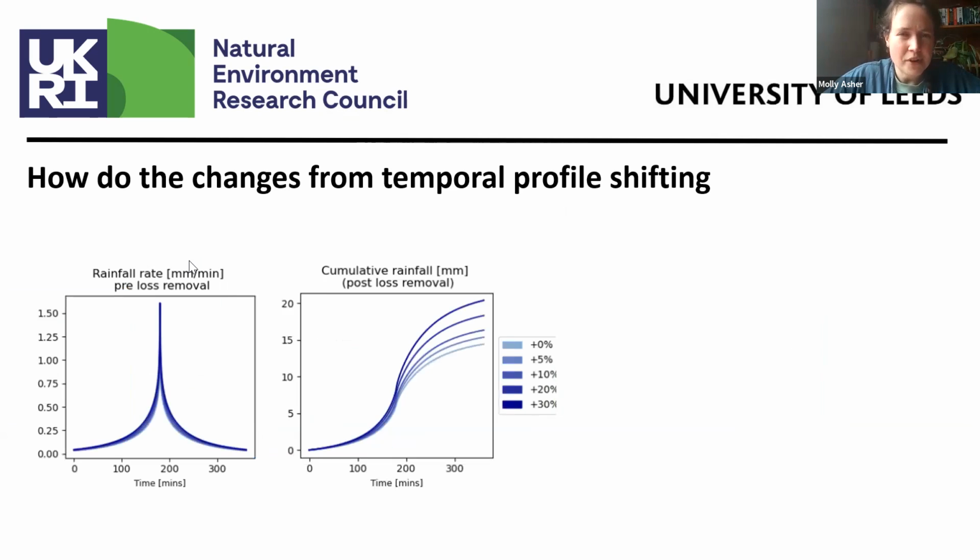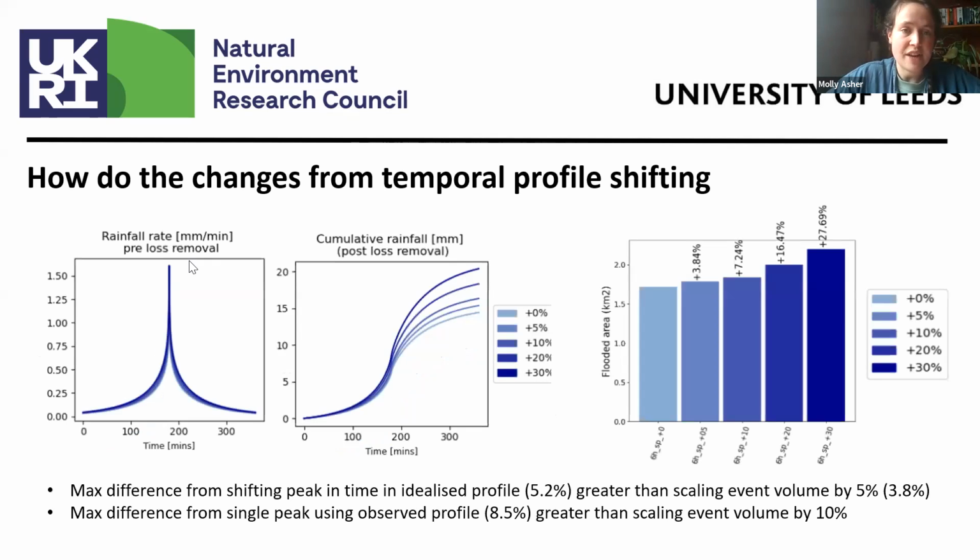It's not super easy to see on this plot just because of the shape of the profile, but I produced versions of the event with an extra 5, 10, 20, and 30% of volume added. And again, ran it through the model and plotted the total flooded area associated with each of these profiles.